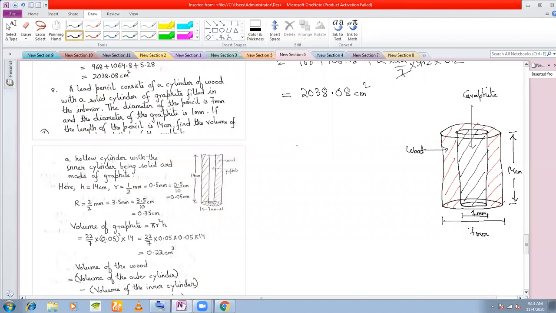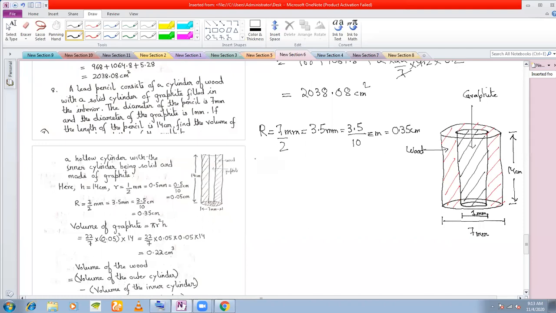So what should be the volume of the red part? The volume of the red part will be the volume of the outer cylinder minus the volume of the inner cylinder. Let us first find the outer radius. The outer diameter is 7 millimeters, so the radius is 7 by 2, which is 3.5 millimeters, which when converted to centimeters becomes 0.35.